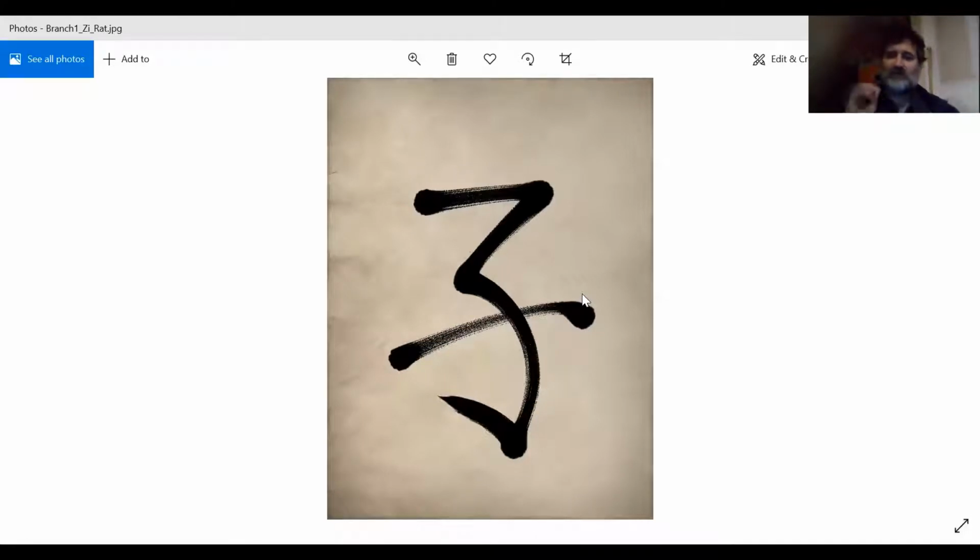And interestingly, this Zi also means child or beginning. It's the beginning point. And Zi is used as a term of respect for great teachers like Lao Tzu, Chuang Tzu.